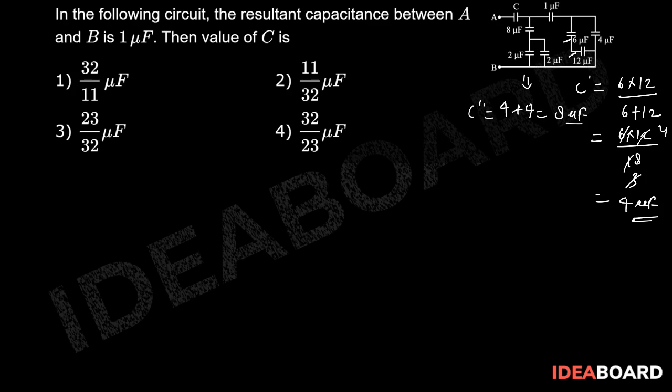And likewise we can also see this 2 and this 2 are in parallel. So which will give you 2 plus 2, let's say C triple dash will be 2 plus 2, 4 microfarad. So now we can actually make a simpler circuit diagram which will consist of one capacitor of capacitance C. This is 1 microfarad.